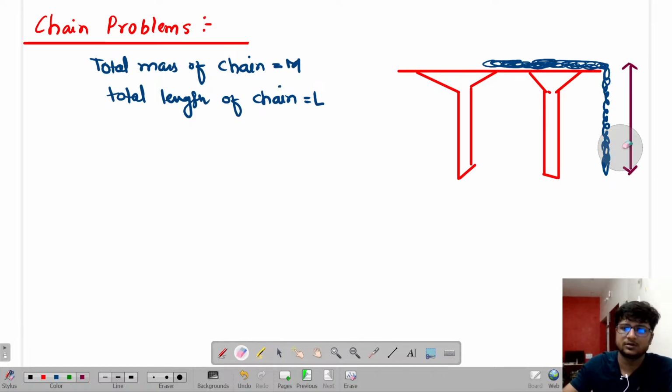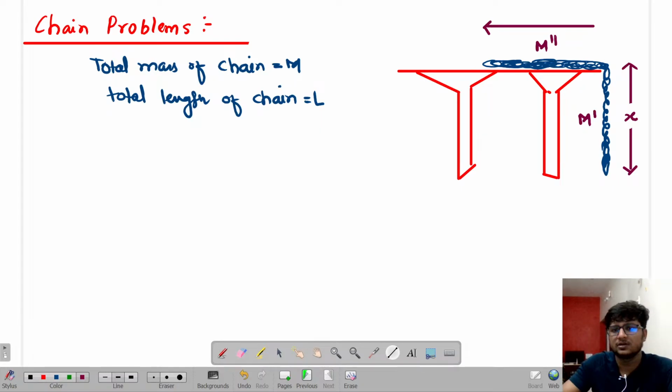This hanging part has mass m dash, and the part which is present on the table has mass m double dash, and its length is L minus x, right or not?